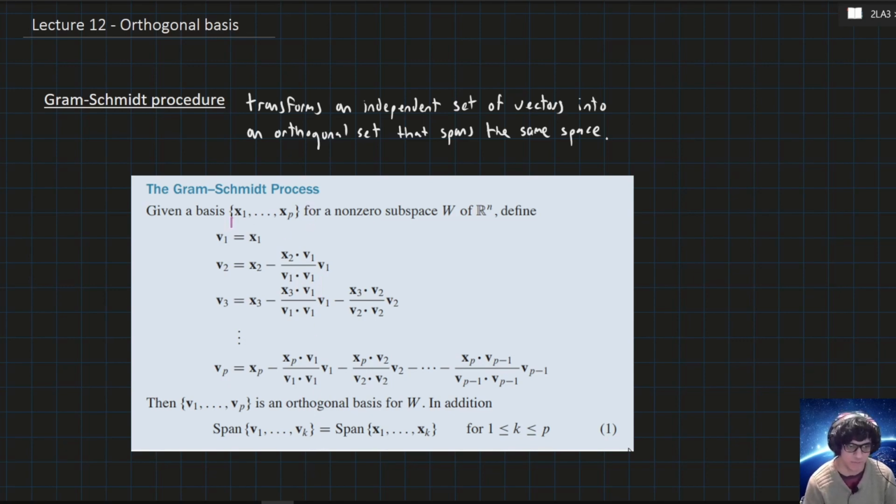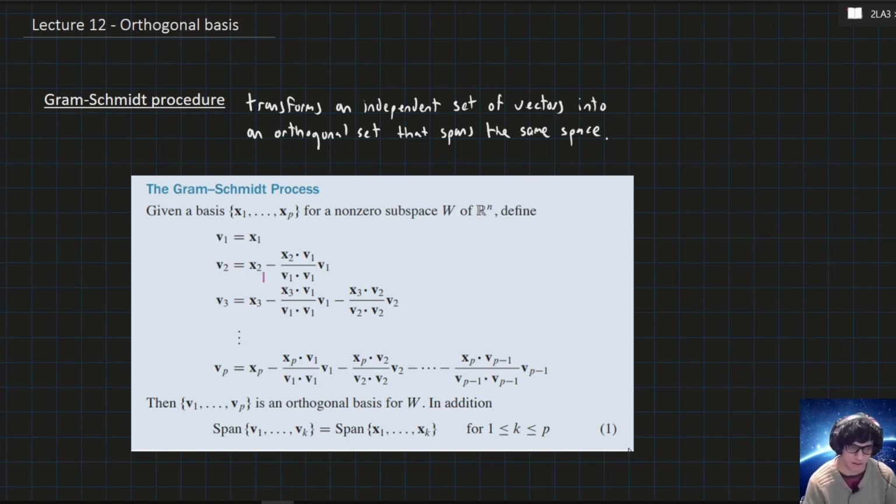So this is the procedure. Your input is a basis or a set of independent vectors. They're calling them the X's. The first vector v1 you just set to be the first x, like we did before. v2 is going to be the procedure we did before.